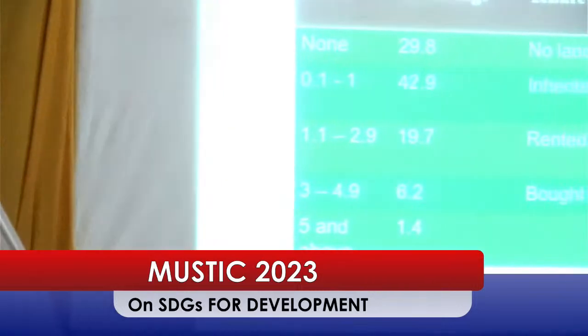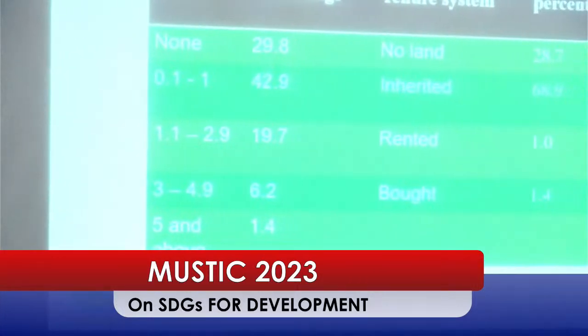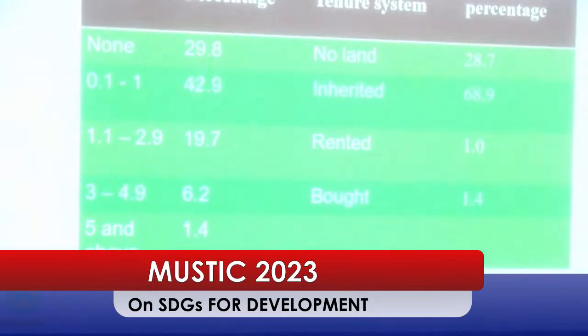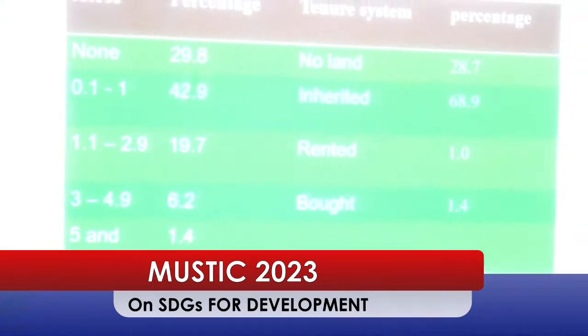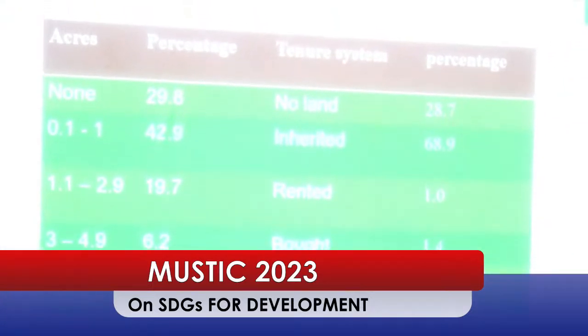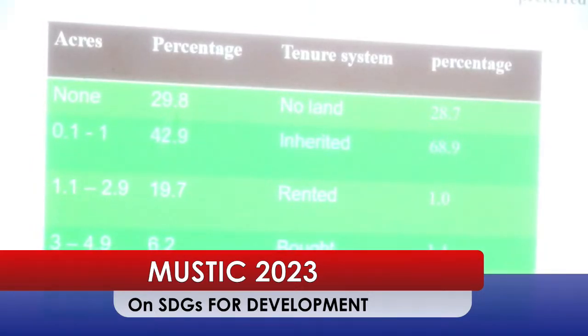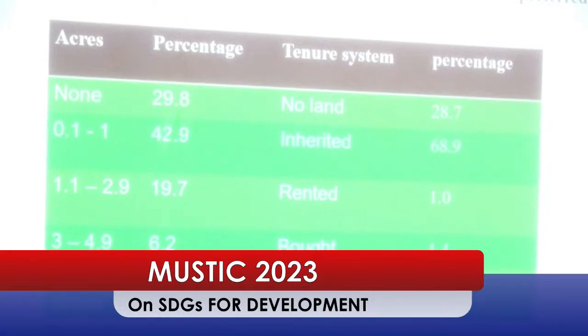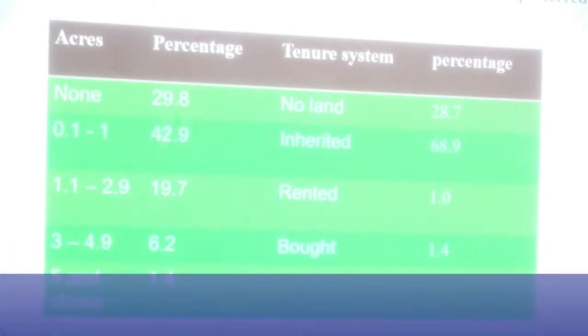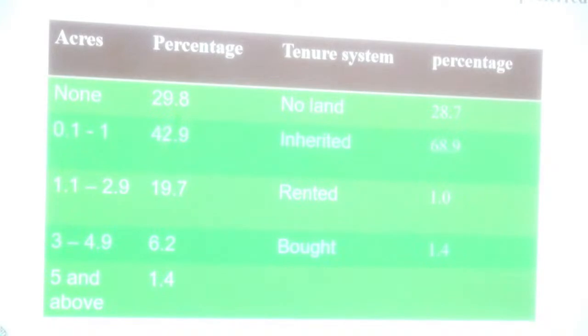Then 1.1 to 2.9 acres, they were 19.7%. Then 3 to 4.5 acres, 6.2%. Then those with 5 acres and above, 1.4%. And that poses another interesting line of study, whereby the subdivision of land, you can see, is very dominant in our area, which also might affect food security in the long run.